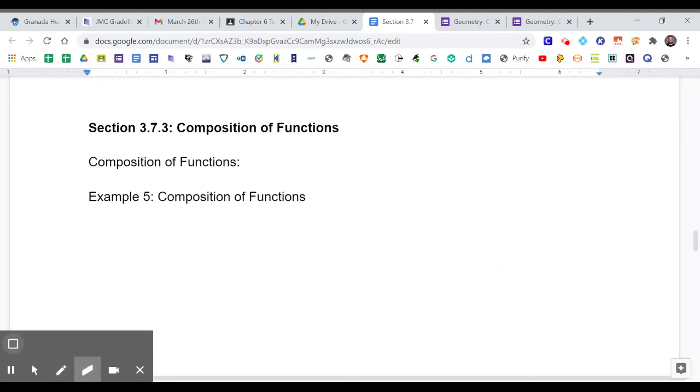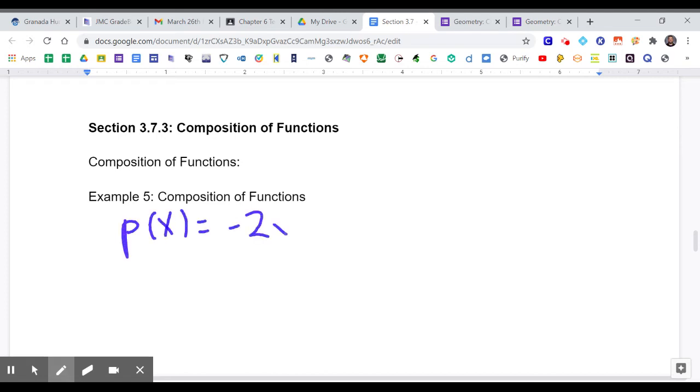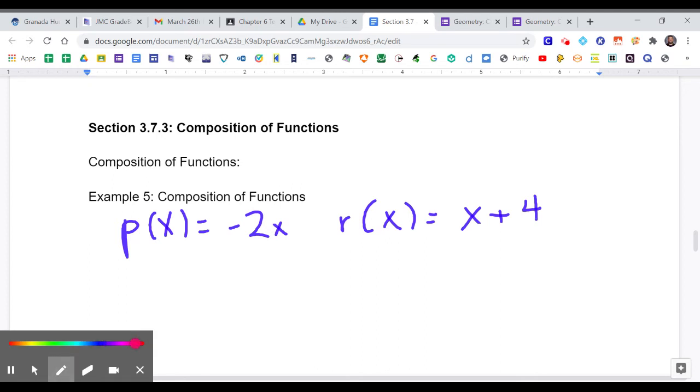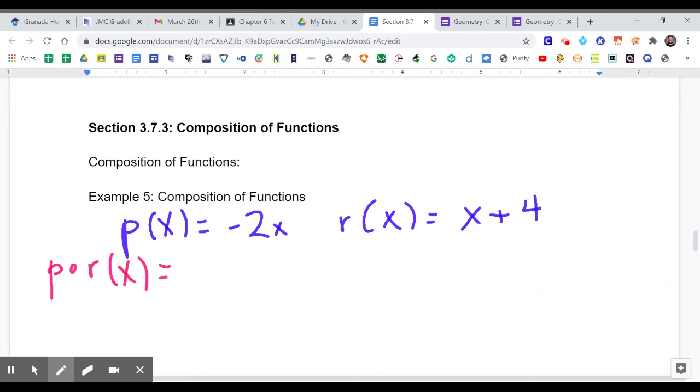So we're going to look at a problem. Let's say I have two functions. In fact, we're going to use our p and r again. So p of x, remember, was negative 2x, and r of x was x plus 4. We're going to look at both ways of composites. So we're going to do p of r of x, which means I'm looking for p of, remember, r of x is x plus 4.